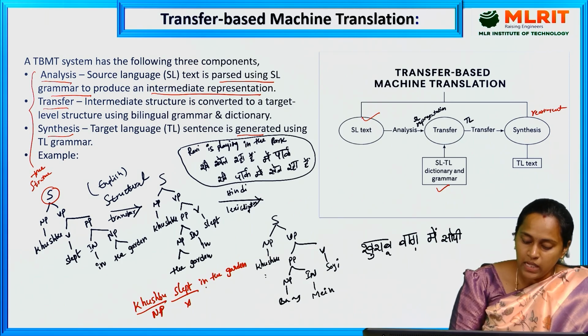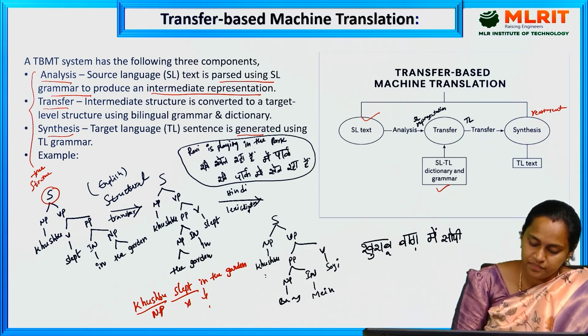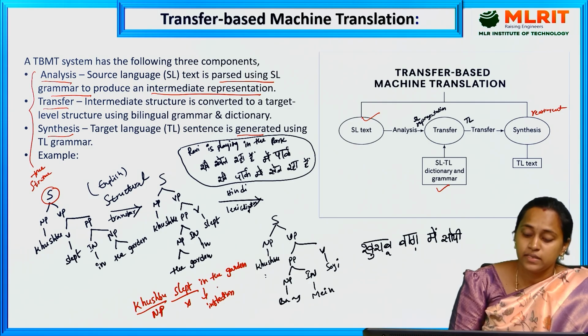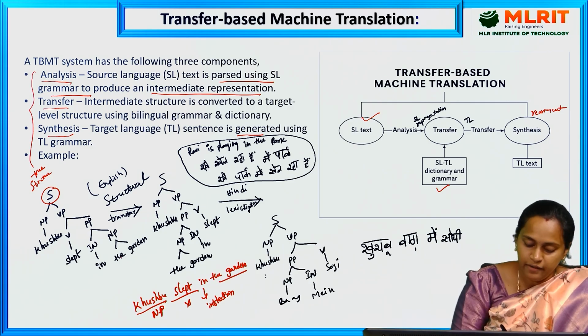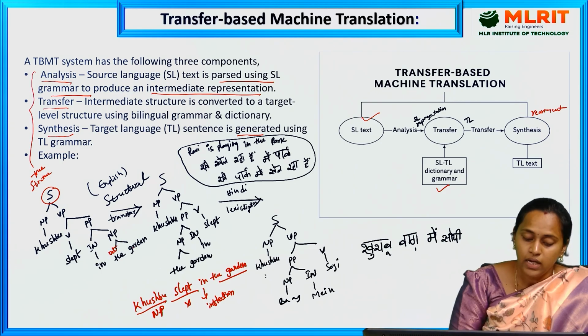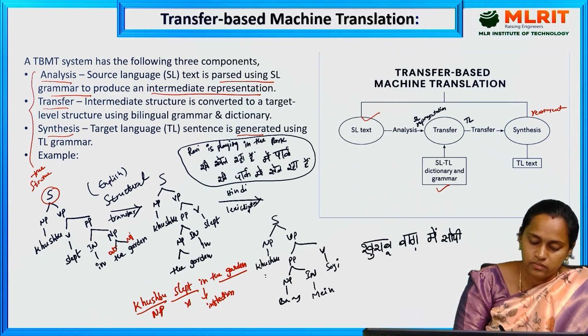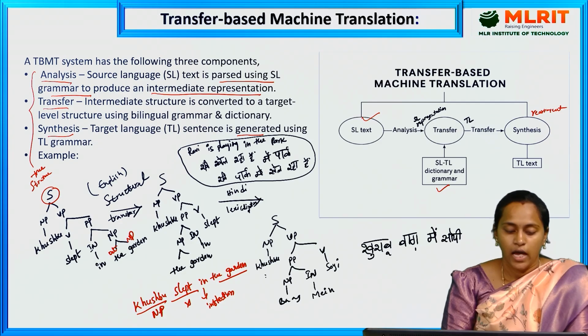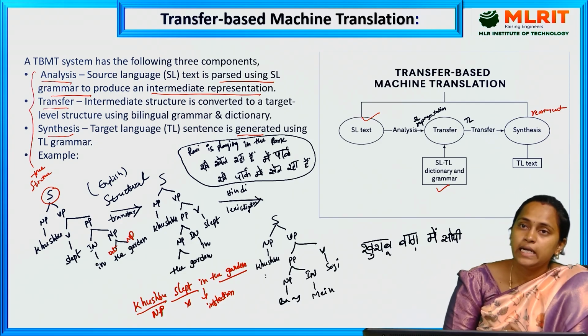So in is the inflection. In the garden is a prepositional phrase. The is a determiner, and garden is a noun. This is about sentence formation for the English sentence.